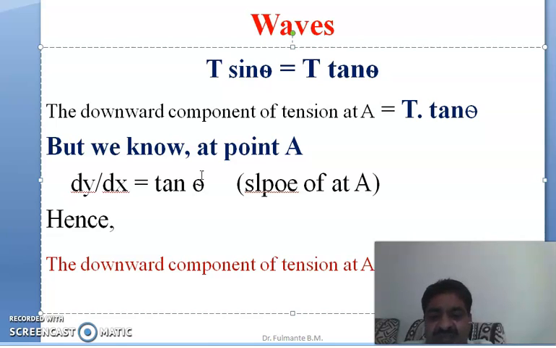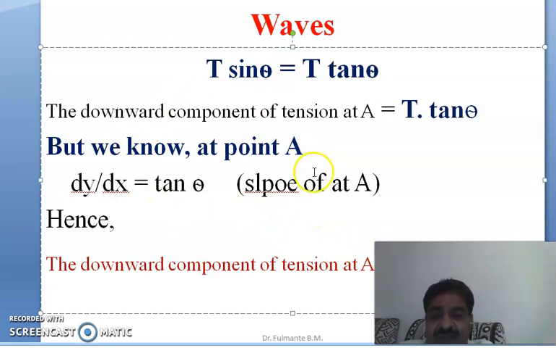A and B are two points of a wave very close to each other, and their position difference we have considered as dx. This is shown. So the downward component of tension at A is T into dy by dx. Suppose this is equation 1.